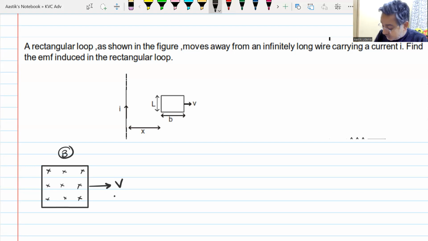I can convert A, B, C, D, the different wires, into batteries.